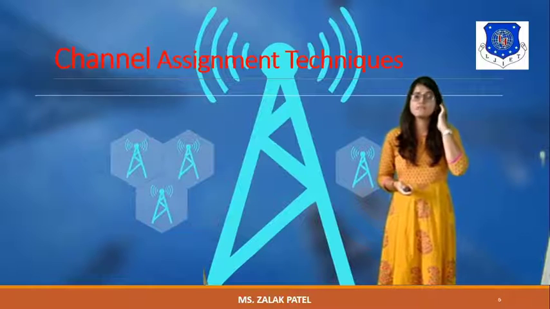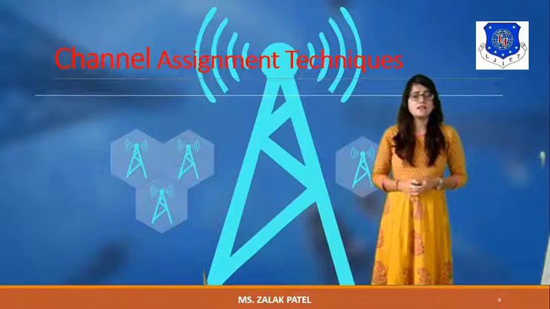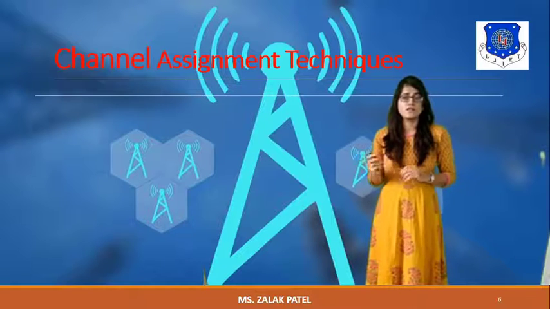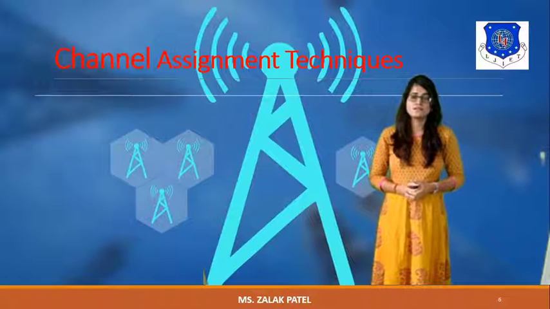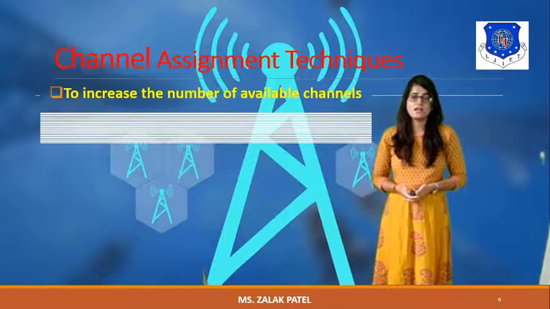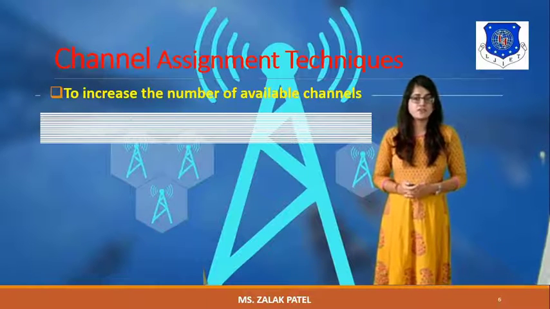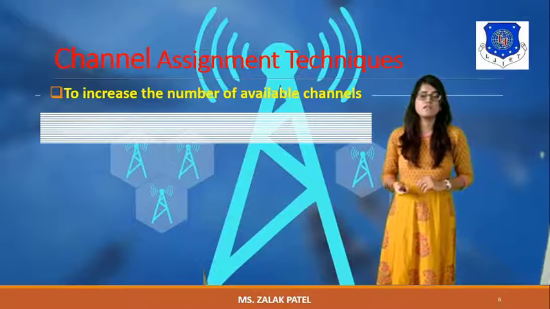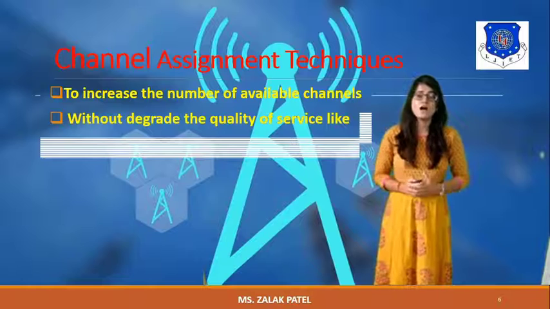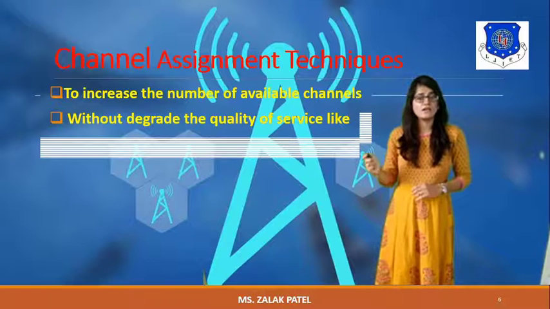Next is channel assignment techniques. Channel assignment is necessary to utilize the proper set of channels in the cellular system. There can be two types of channel assignment technique that we will see in the classification session. Mainly the objective is to increase the number of available channels without degradation of quality of service.